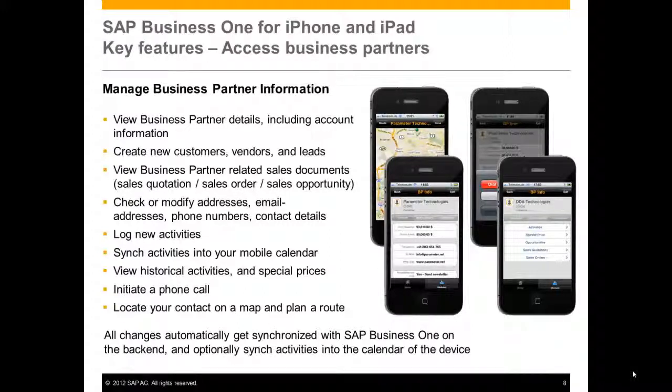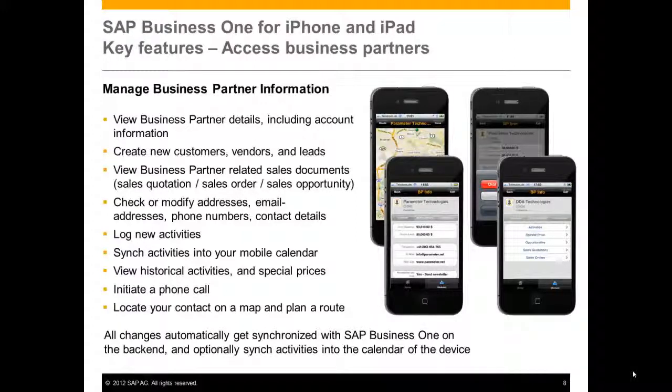You can also view any related sales documents for those business partners, whether they're sales quotes, sales orders, or sales opportunities. And of course, as you would expect with a mobile application, you can check and modify your addresses, email addresses, contact details, and so on.